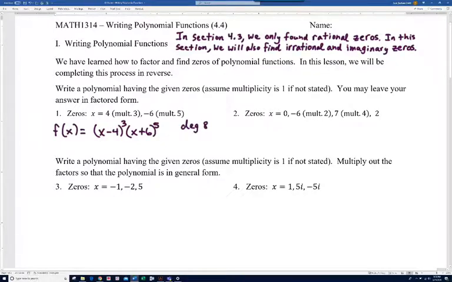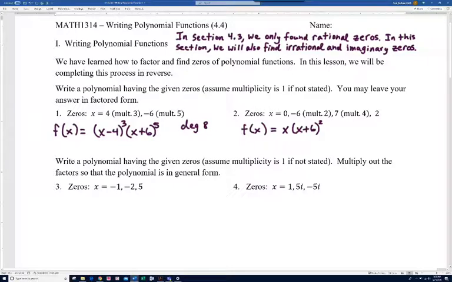So you may want to try number 2 on your own and then check my answer. All right, let's see how you did. So first of all, we need to write it as a polynomial, so we'll use f of x. F of x equals, so we know if 0 is a zero, that x is a factor. We know that if negative 6 is a zero, that x plus 6 is a factor.